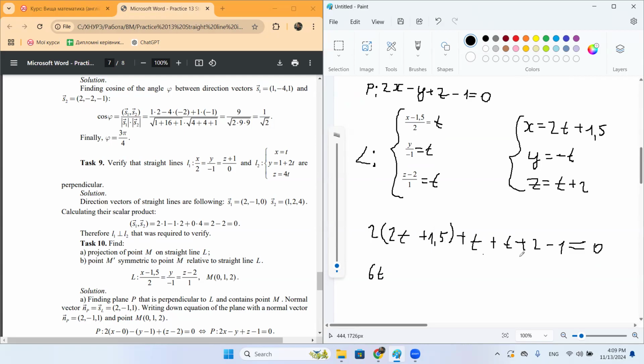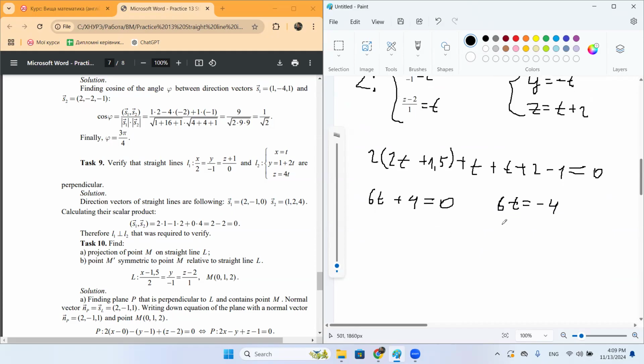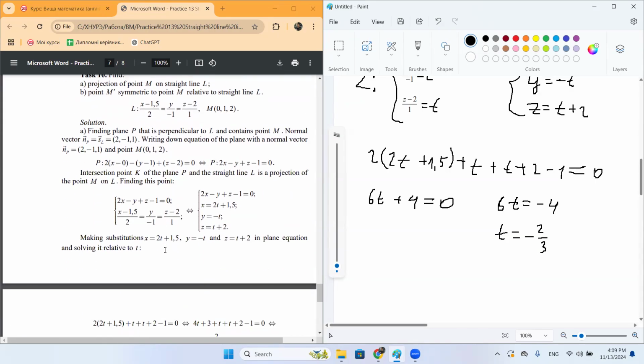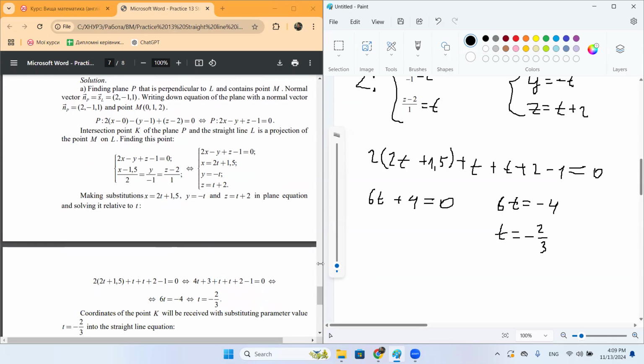So 3 plus 2, 5 minus 1, 4. So 6t plus 4 equals 0. So 6t equals minus 4. And t equals minus 2 thirds. So we found the parameter, let's verify it. Yeah, minus 2 thirds.